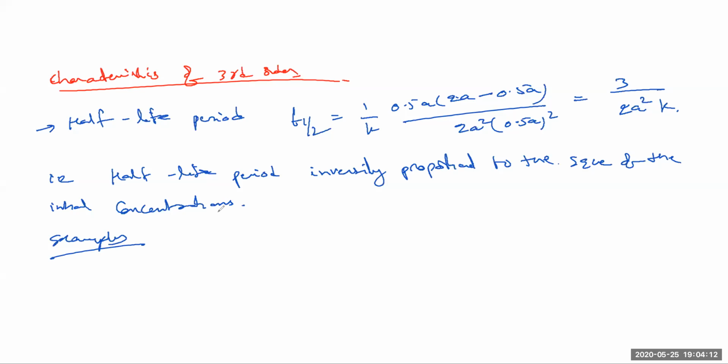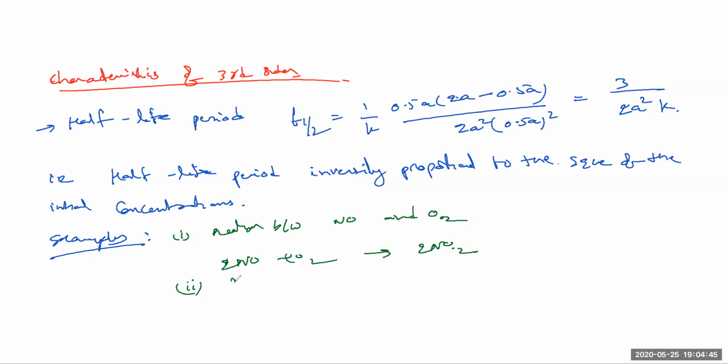Examples for third order. First one is the reaction between nitric oxide and oxygen. Reaction between NO and O2. Simply, 2NO plus O2 gives rise to 2NO2. Nitric oxide is oxidized to nitrogen dioxide. And next, formation of NOCl. That means 2NO plus Cl2 becomes 2NOCl, nitrosyl chloride.